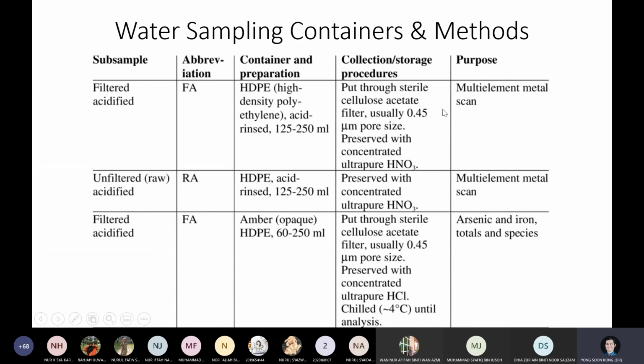The reason is that in order to measure dissolved metal, you have to filter first, because after filtration, it is said that the metals that are complex will be removed from the water sample. These are just extra information for you. If you want to know further, these are the things.